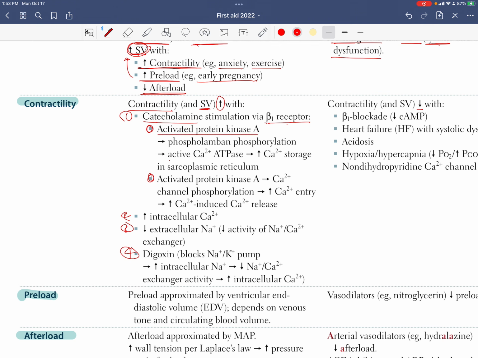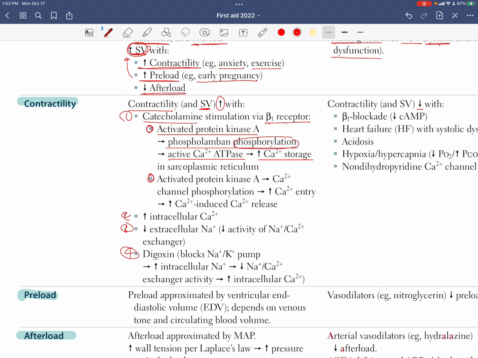Two mechanisms will take place over here. First, we're going to start with the activated protein kinase A leading to phospholamban phosphorylation. That means the active calcium ATPase channel leading to increased calcium storage.